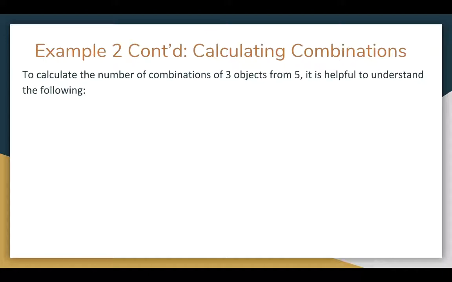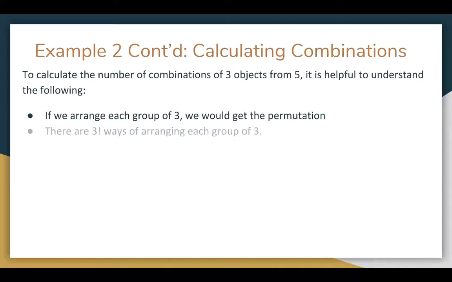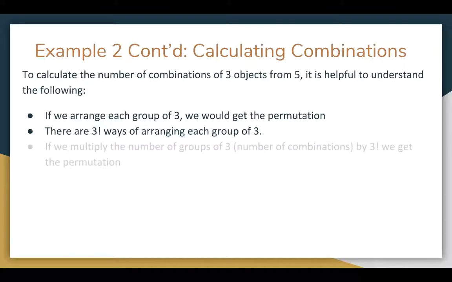To calculate the number of combinations, it's helpful to understand this. If we arrange each group of 3, so if you've written all 10 groups out, we get the permutation, because you could take each group and arrange it. There are 3 ways of arranging each group. Actually, there are 6 ways of rewriting ABC, which is 3 times 2 times 1.